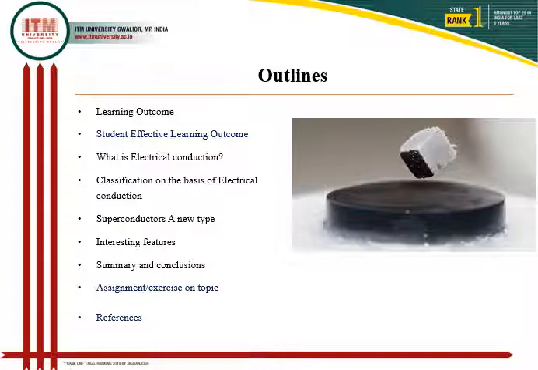After this, we will discuss superconductivity and new types of materials. When we use the word recently, I mean research within 50 years, then what is so important in this? Why is the word super used? What is the prefix super? We will discuss here, and finally we will conclude with an assignment.